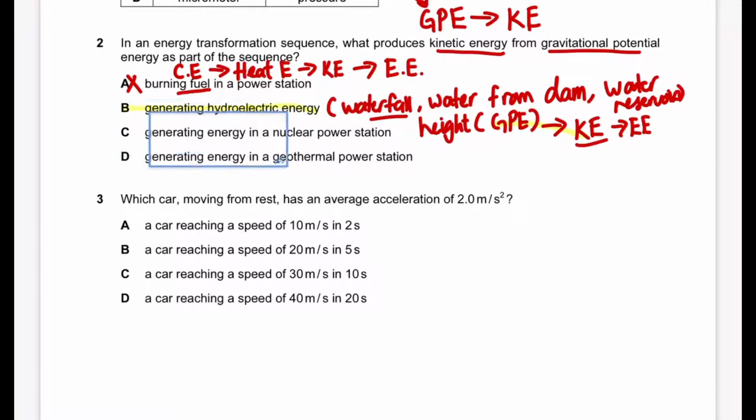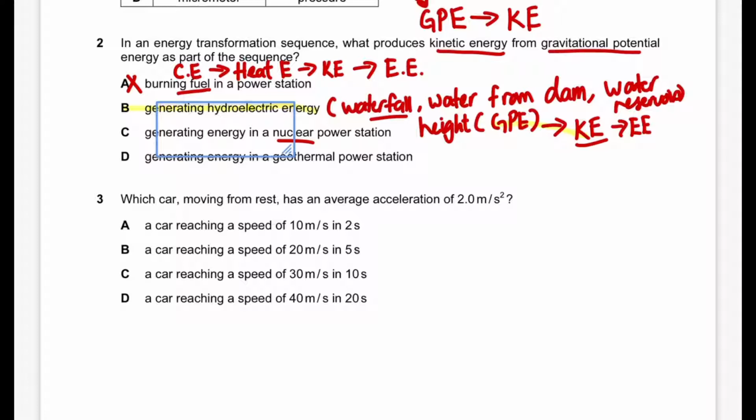Option C, generating energy in a nuclear power station. A nuclear power station is similar to option A, which is burning fuel in a power station. But instead of coal or fuel they use in option A, they're using a radioactive source or nuclear source to produce electrical energy in this case.